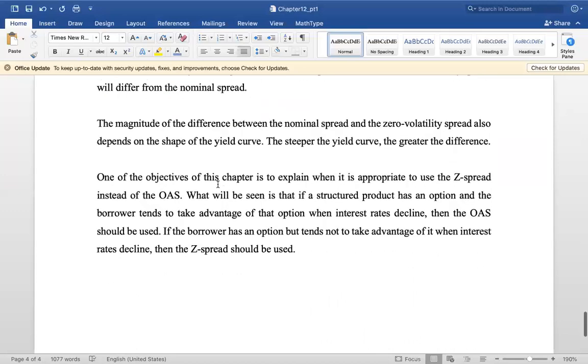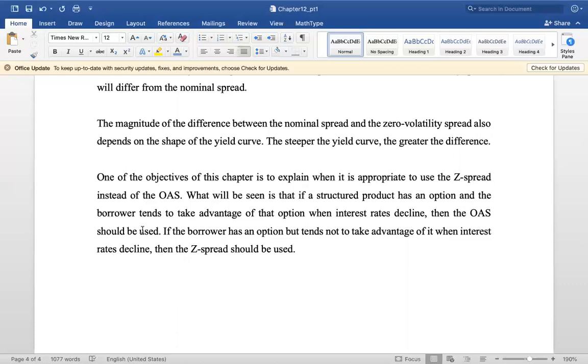One of the objectives of this chapter is to explain when it is appropriate to use the zero volatility spread or OAS. What we will see is that if a structured product has an option and the borrower tends to take advantage of that option when interest rates decline, the OAS should be used.